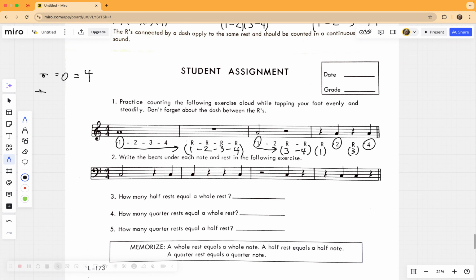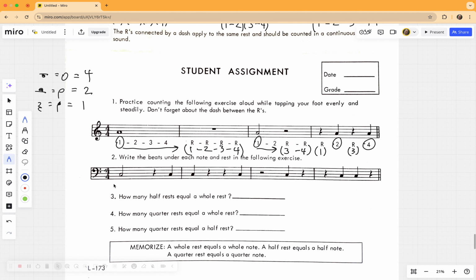The half rest or the half note equals 2. And the quarter rest or quarter note equals 1 beat in value. It has a value of 1 beat.